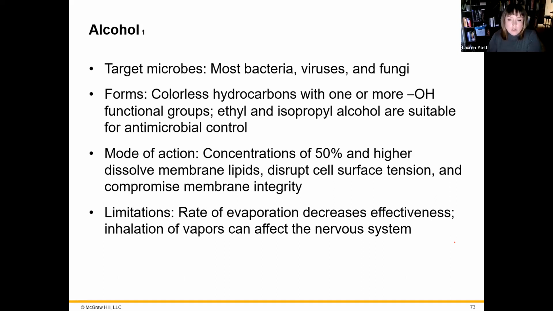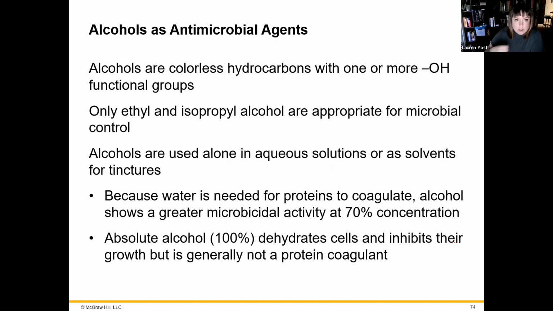So that will disrupt surface tension of the cell and compromise the membrane integrity of the cell. It evaporates quickly, we know this, and the vapors can affect the nervous system. So really just those two, isopropyl and ethyl, are appropriate for medical use.